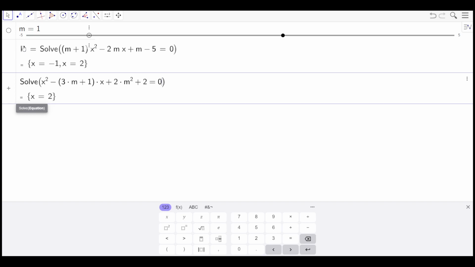Okay, so now, of course, why is GeoGebra giving the answer, can you tell me? Before, without pressing enter, you see the answer here. Why is that?